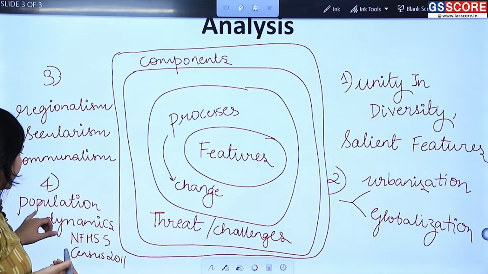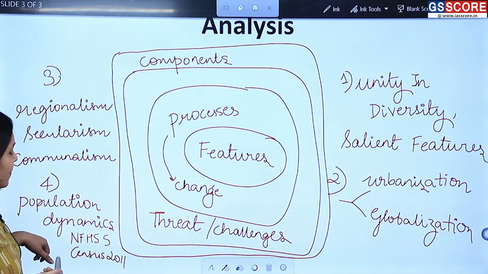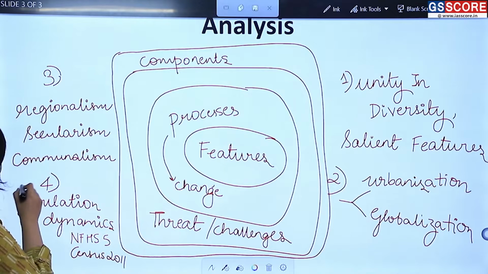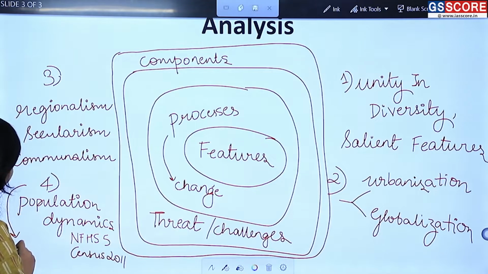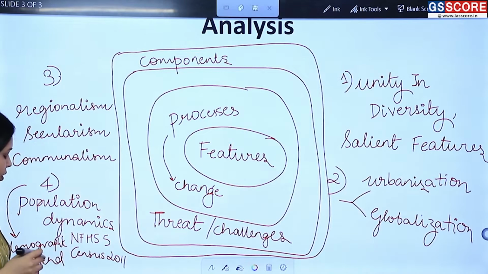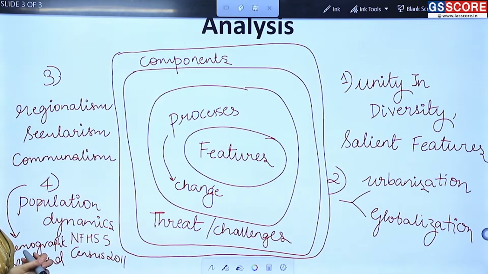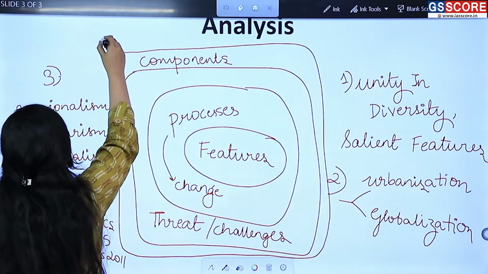Okay. Population dynamics, and with this we can also briefly look at the issue of demographic dividend, which is gaining token of importance.